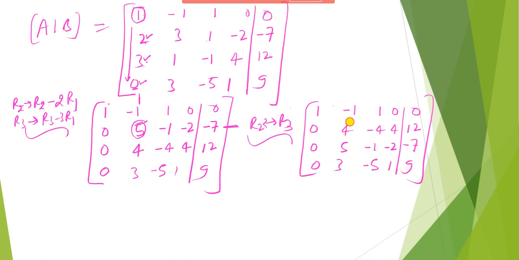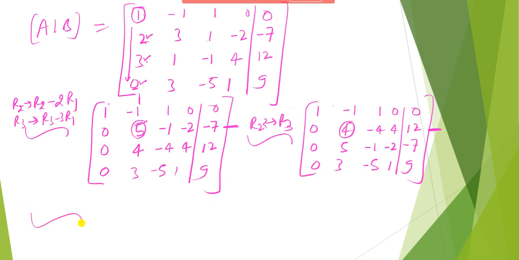Now this is 4. If we divide R2 by 4, then 4 upon 4 is 1, minus 4 upon 4 is minus 1, 4 upon 4 is 1, 12 upon 4 is 3. So the entries in this row are non-fractions.